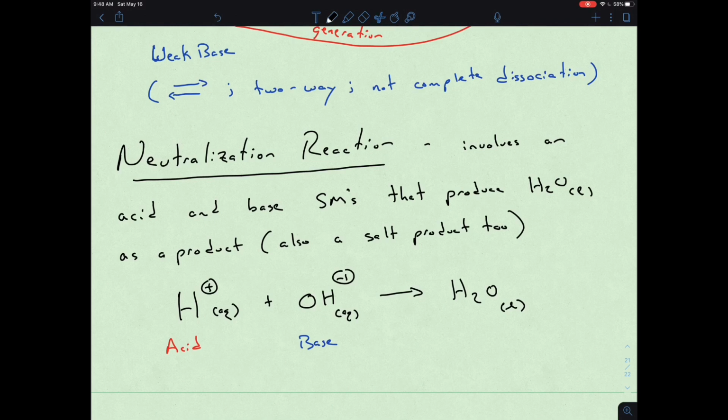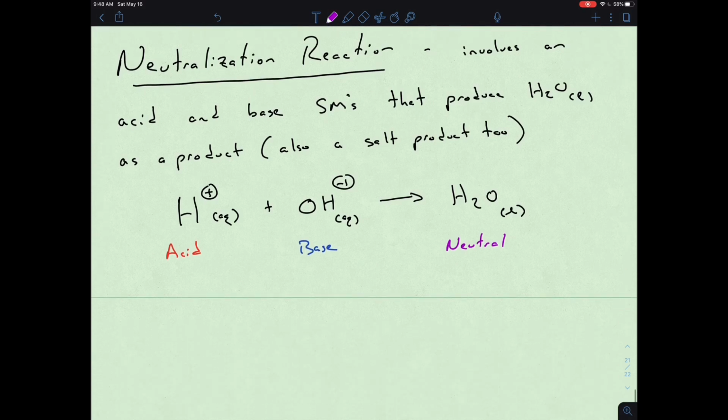And so notice now on the right side we are talking about something that is neutral. We have lost the charges of H plus and OH minus. So this is an example of the base concept of a neutralization reaction. Let's look at an example or two of these types of reactions.